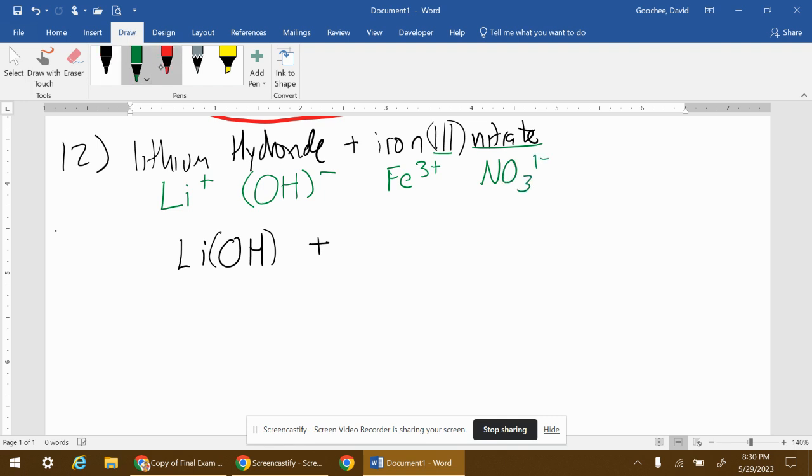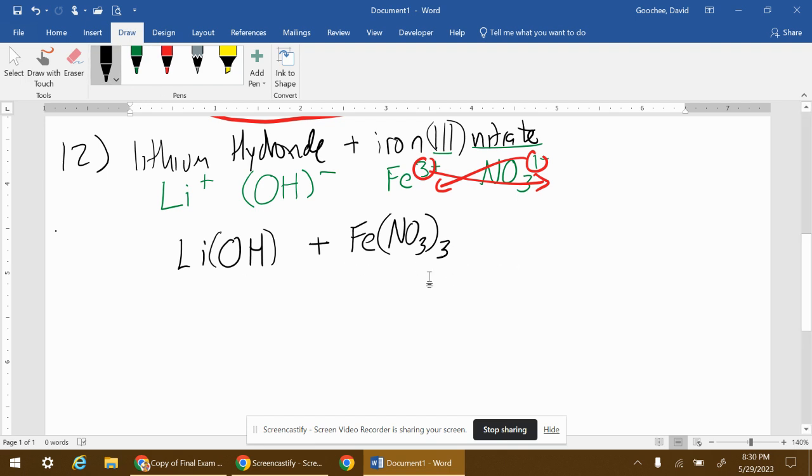So this one maybe we do benefit from crisscrossing. 3 plus means we're going to have 3 nitrates. 1 minus means we're going to have 1 iron. So the formula for iron 3 nitrate is Fe, and there's only one of them, (NO3)3.